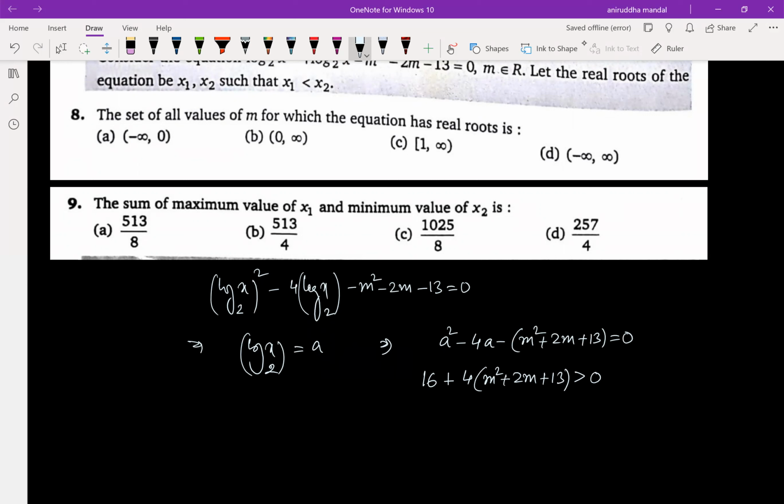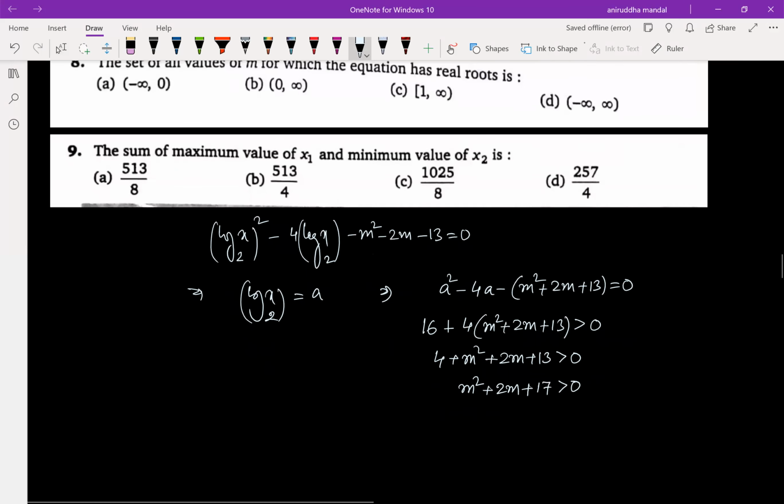If we take 4 common, we get 4 plus m² plus 2m plus 13 should be greater than 0. So that is m² + 2m + 17 greater than 0.